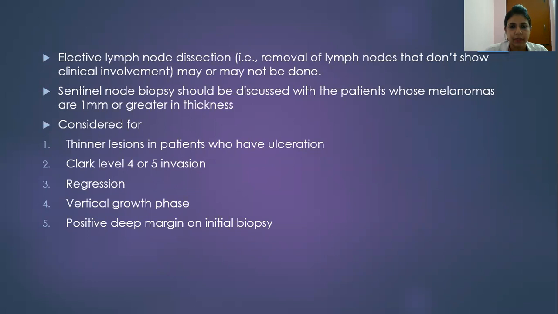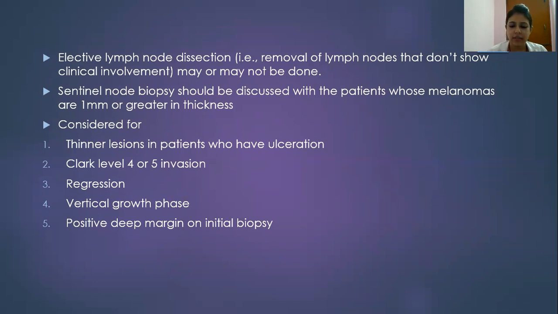Elective lymph node dissection, that is removal of lymph nodes that do not have a clinical involvement, may or may not be done. Sentinel node biopsy should be discussed with patients whose melanomas are 1 mm or greater in thickness. It is considered for thinner lesions in patients who have ulceration, Clark level 4 or 5 invasion, regression, vertical growth phase, or positive deep margin on initial biopsy.